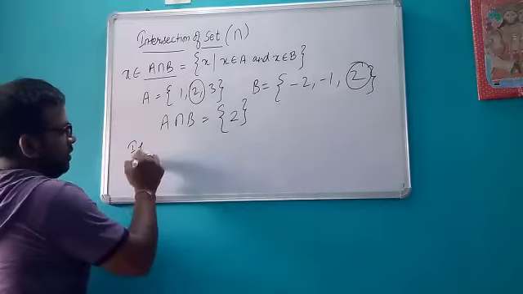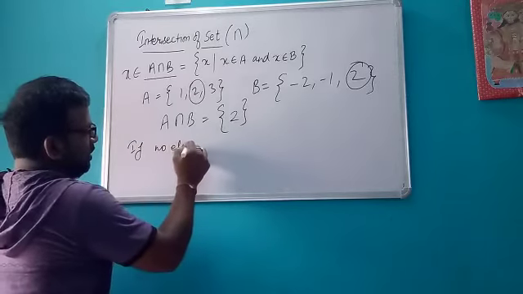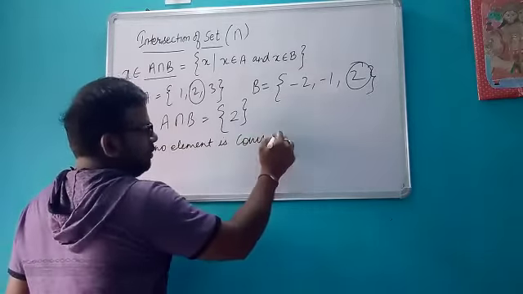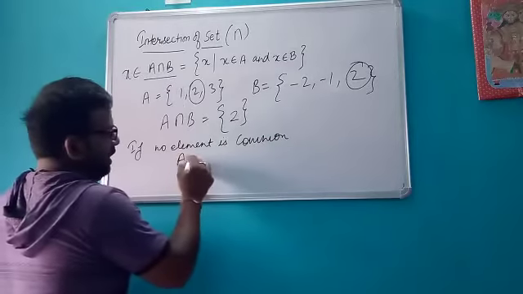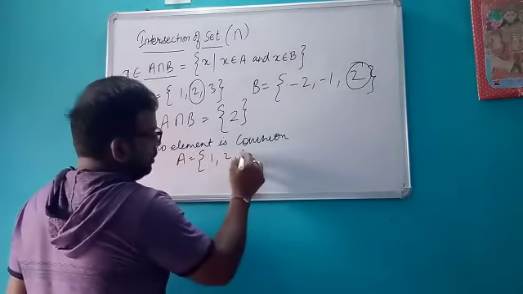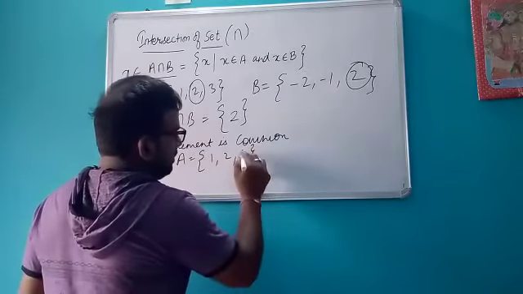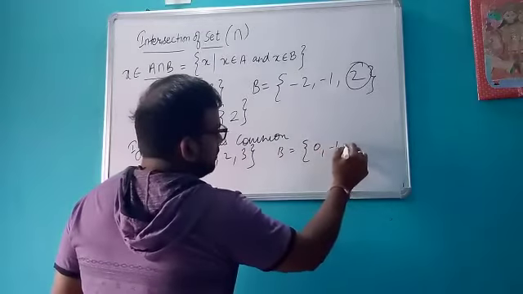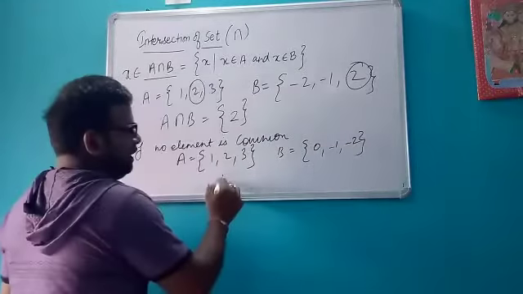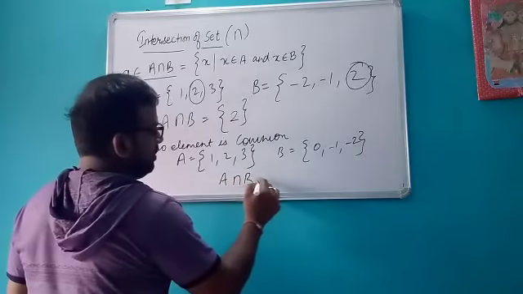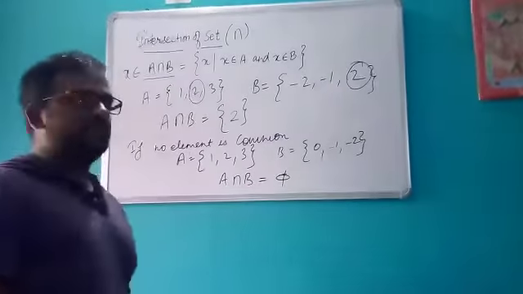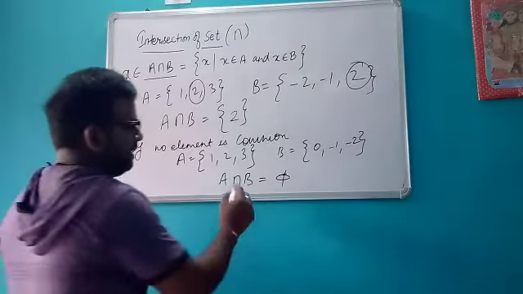If no element is common, suppose you have a set like this, written {1, 2, 3} and one set suppose is {0, -1, -2}. So if you take A intersection B, it will be the null set like this. So if no element is common, in that case, what is A intersection B?